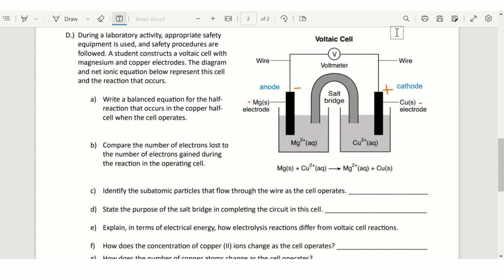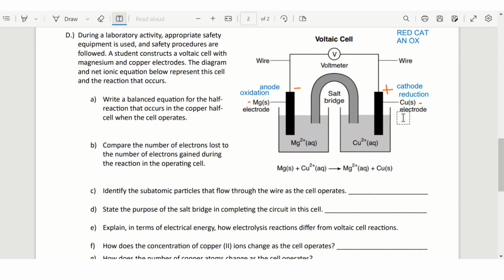Okay, then I'm going to remember this phrase. Remember, red cat, and an ox. I kind of only have to remember one of them. So that means at the cathode, I have reduction. At the anode, I have oxidation.